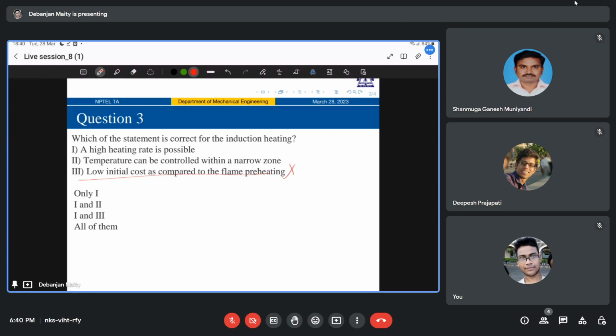So these two are correct, right? In induction heating, because of the induction coil, the magnetic field and eddy current generation, the rise in heating is very quick. And also you can have some control over your temperature generation over a uniform area, which can be very narrow.